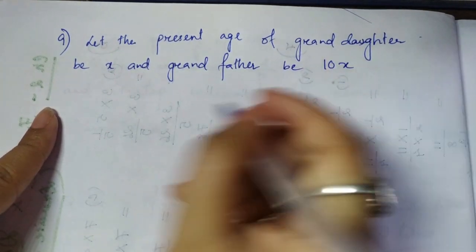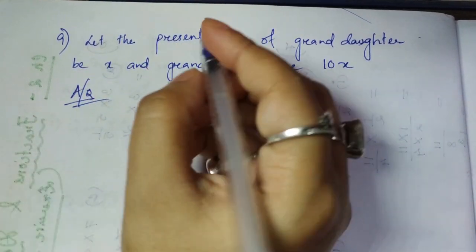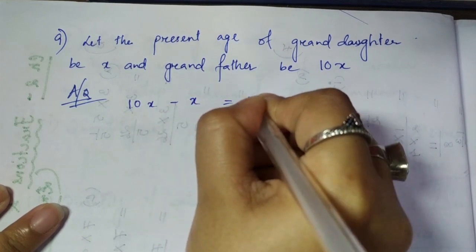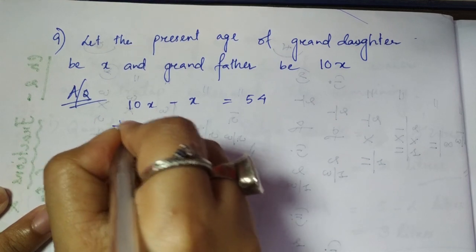Now it is given that the grandfather is 54 years older than her. So the difference between their age, 10x minus x, will it not give me 54? So that means this is my equation.